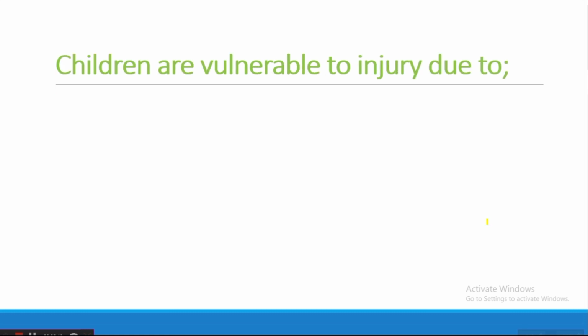Then let's look at what makes children vulnerable to these injuries as compared to an adult. How come these children are more vulnerable to these injuries? One, they don't know how to keep themselves safe. As an adult, you may have the chance to see a stone and you skip it.